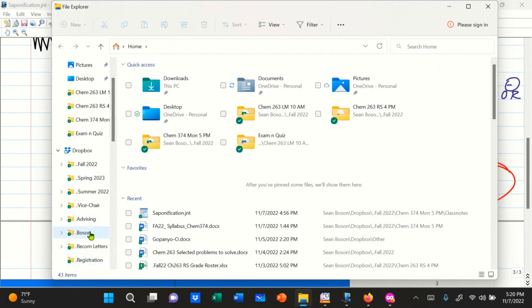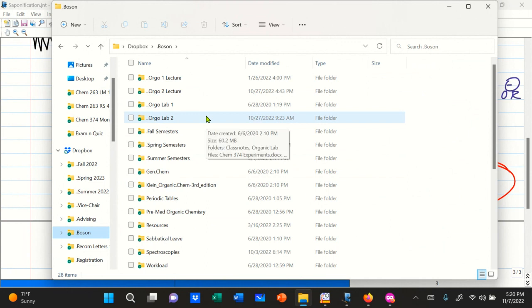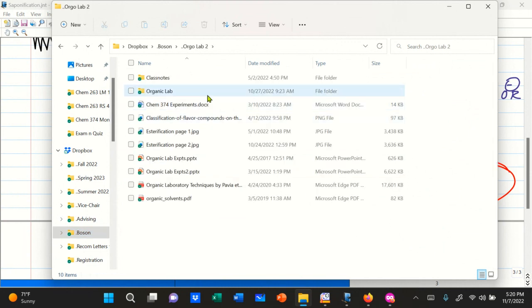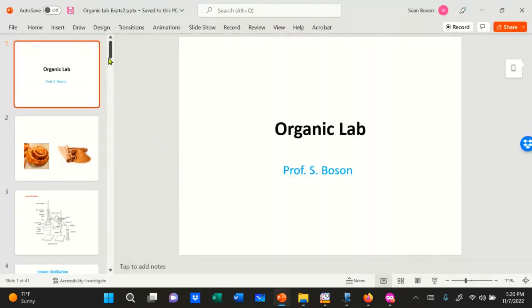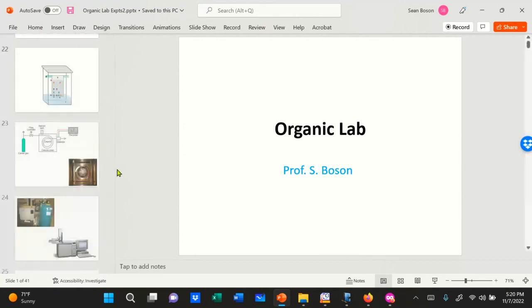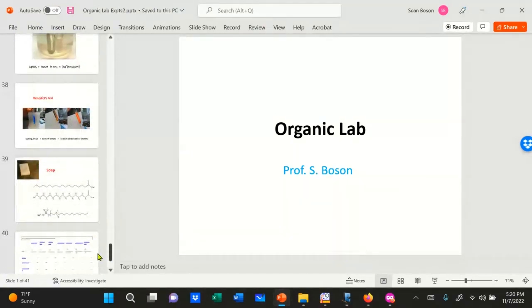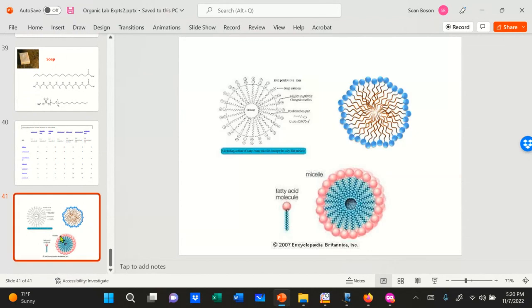I did not bring it here. I may have it. Somewhere here. Yeah, I do. Okay, here is a picture of a soap molecule.